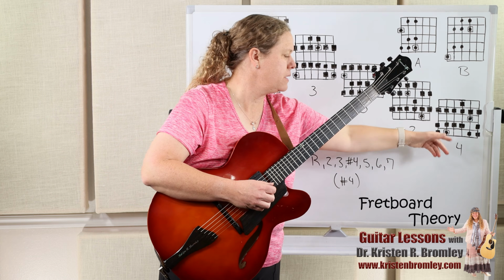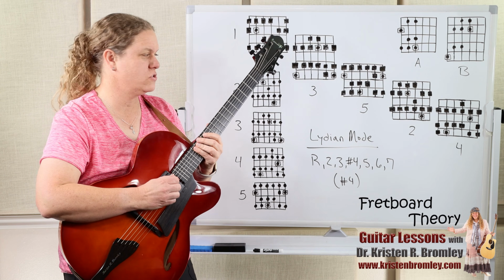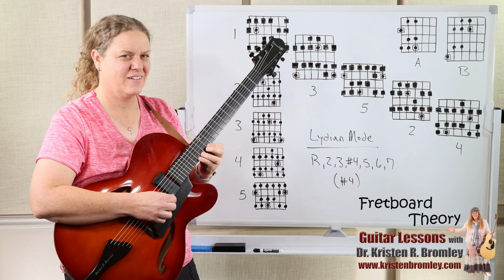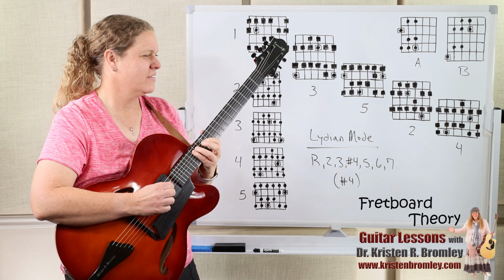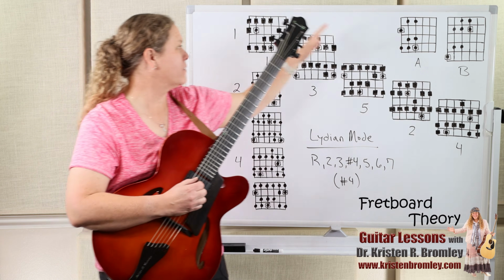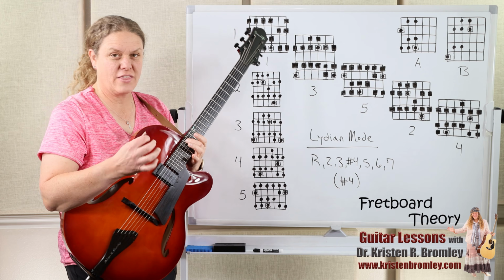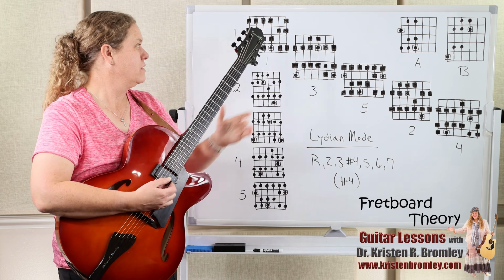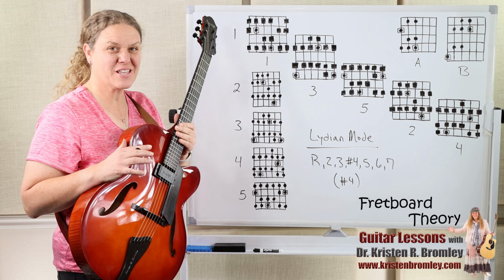We could also use our pinky at the 15th fret on the 5th string if I start from there. And then I could circle back around with my middle finger on that 15th fret for that C to play form 1. So that's how it works.